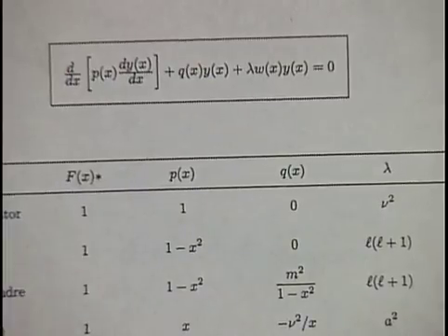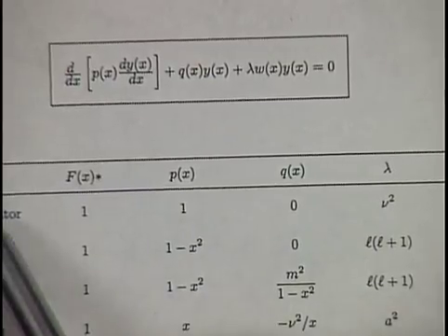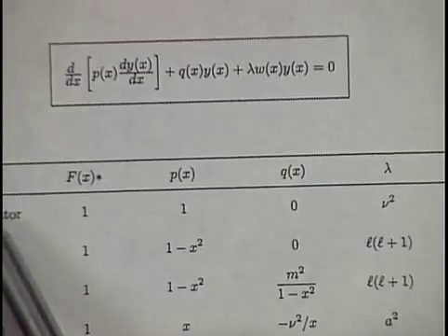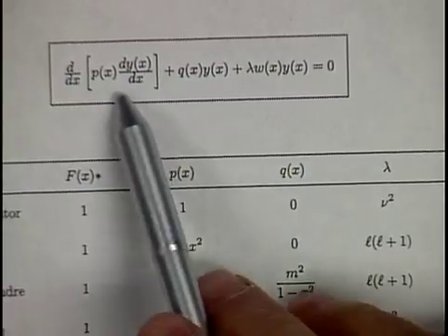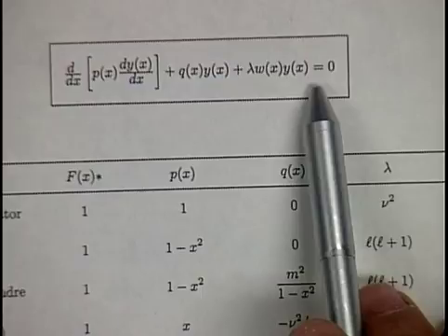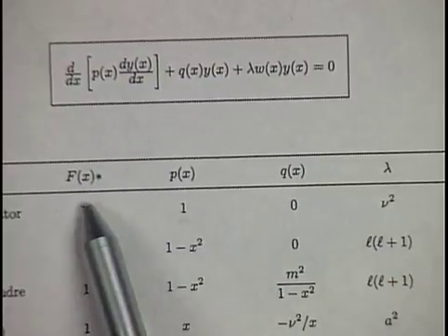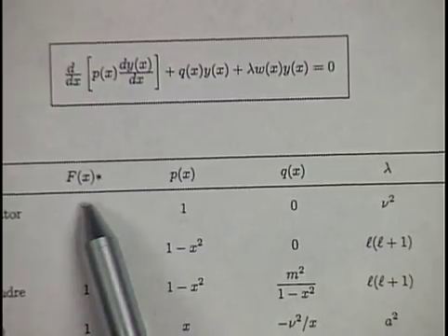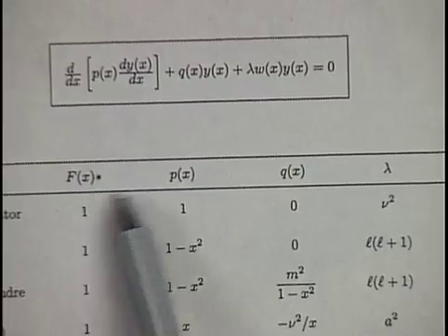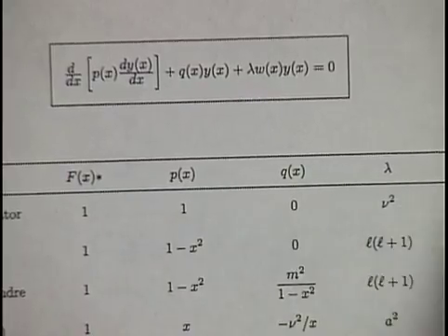In the handout, we can write pretty much all the second order differential equations in terms of this operator, with the appropriate substitution of the functions p of x, q of x, and lambda and omega.